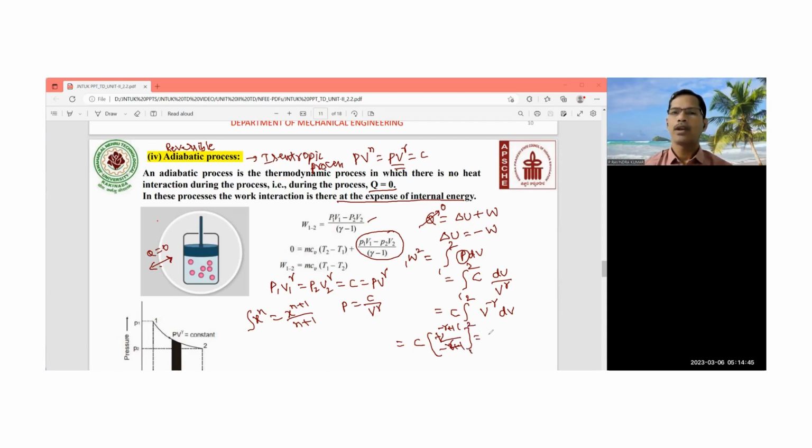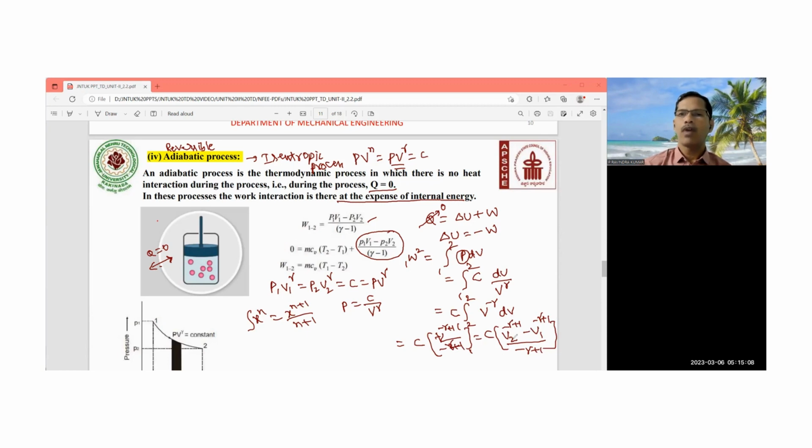So what will you get here? C into V2 to the power of minus gamma plus 1 minus V1 to the power of minus gamma plus 1, divided by minus gamma plus 1. But what about this C?